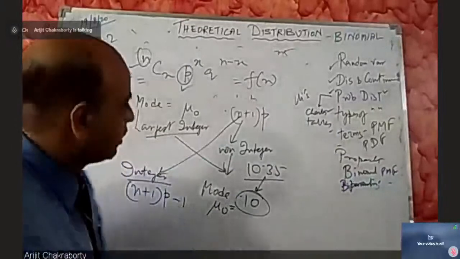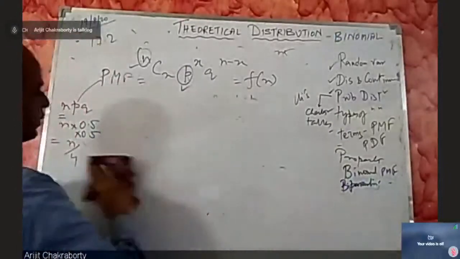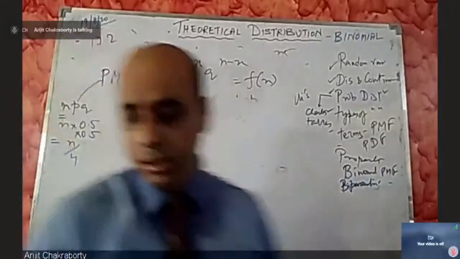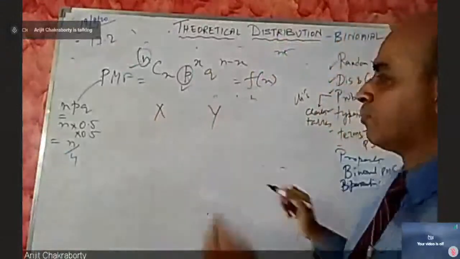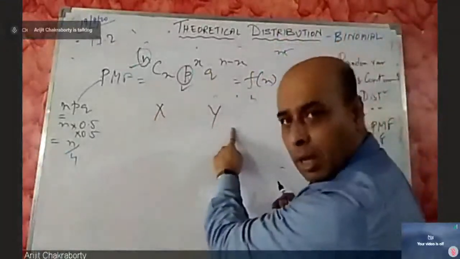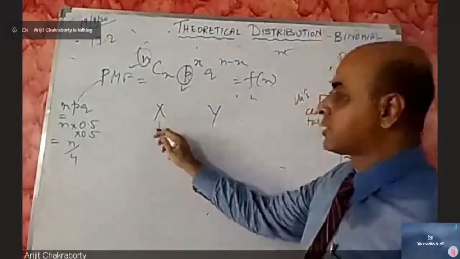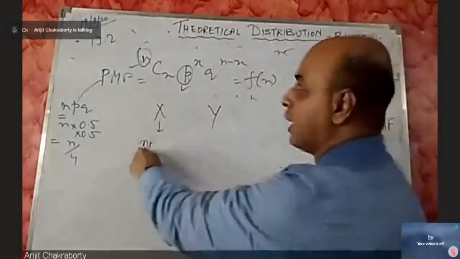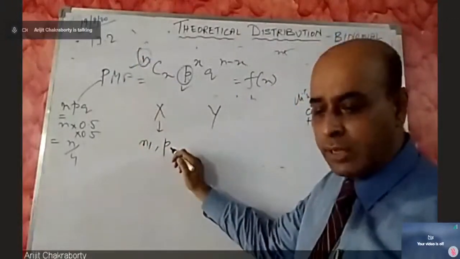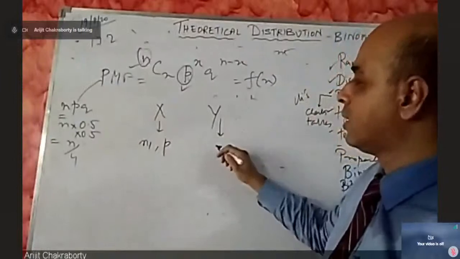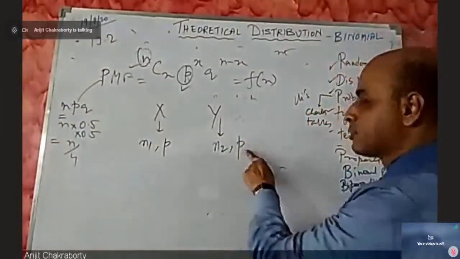Lastly, there is one more point which we will note, and that is in case of two distributions. If you have two independent distributions x and y, both binomial probability distributions, and x has the parameter n1 and probability of success p, also y has the parameter n2 and there also the probability is p.